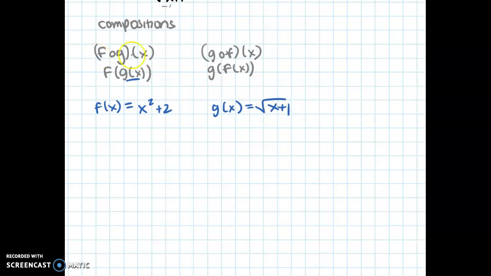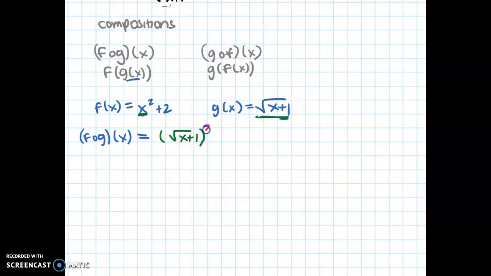So the first one I'm going to do is fog, or f of g of x. For every single x, I am putting in the square root of x plus 1 going in for this x here.